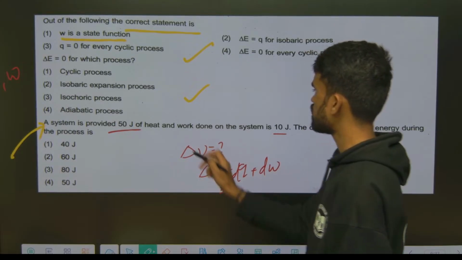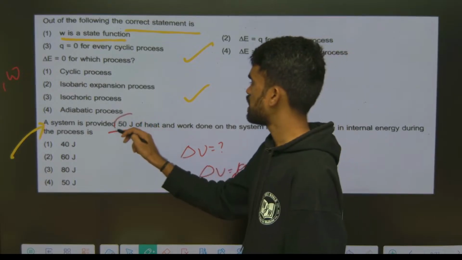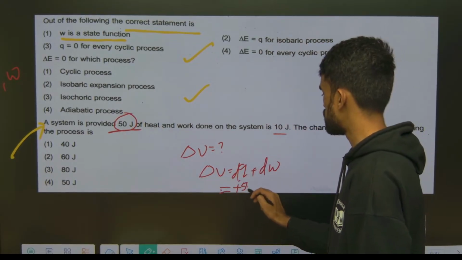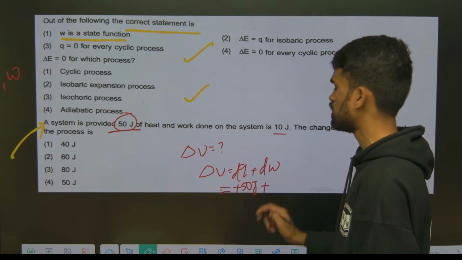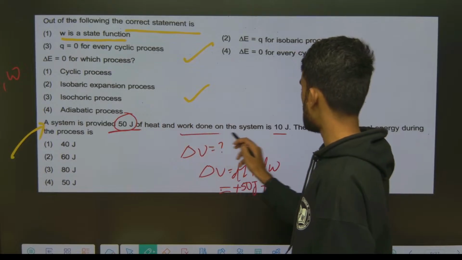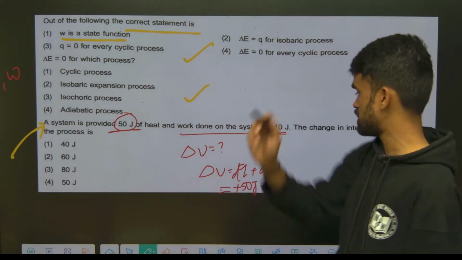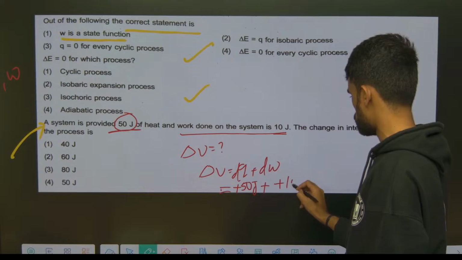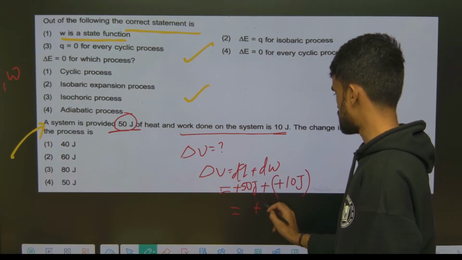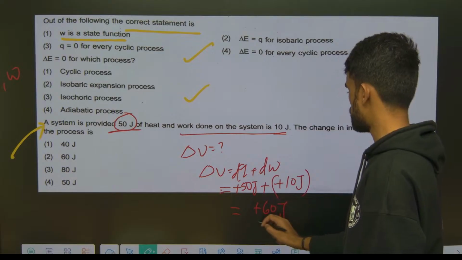What is the Q they are giving? The system is provided with 50 joules, so you are adding 50 joules of heat to the system. And work done on the system is also positive, 10 joules. So in total it should be plus 60 joules.